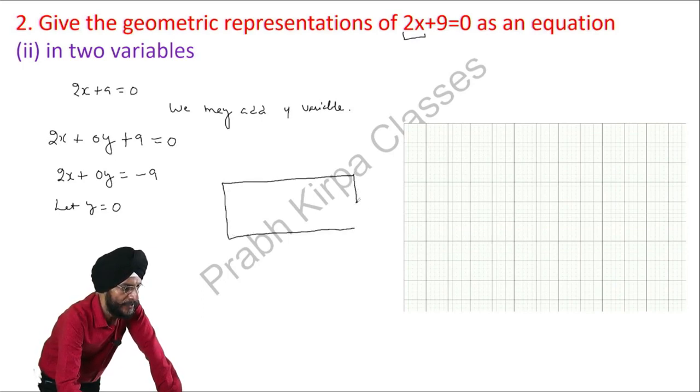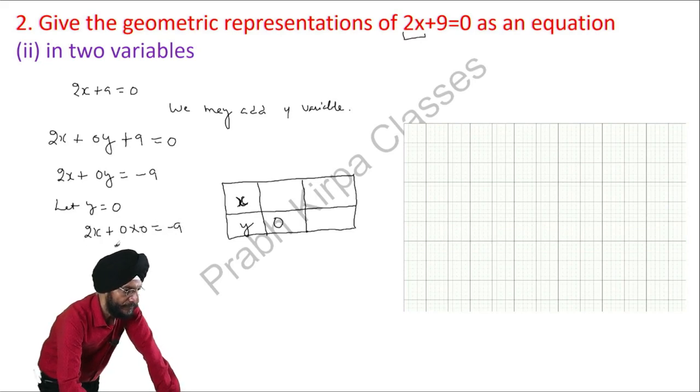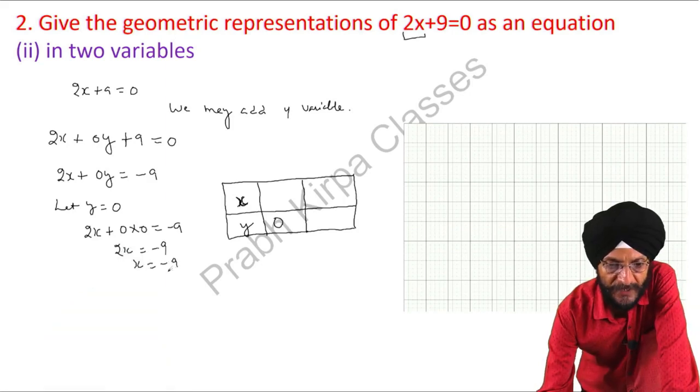We will form here a small table where we will write the solutions or the values which will be arrived at. Here we have assumed the value of y is equal to 0. When the value of y is 0, what will happen? 2x plus 0 into 0 is equal to minus 9. 2x is equal to minus 9. X is equal to minus 9 over 2, minus 4.5.